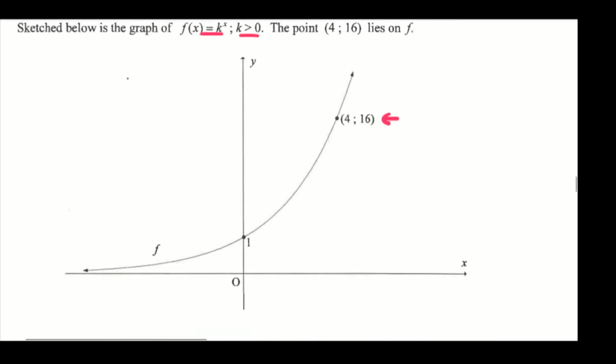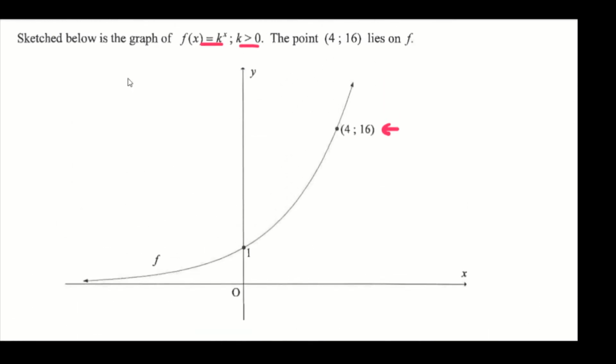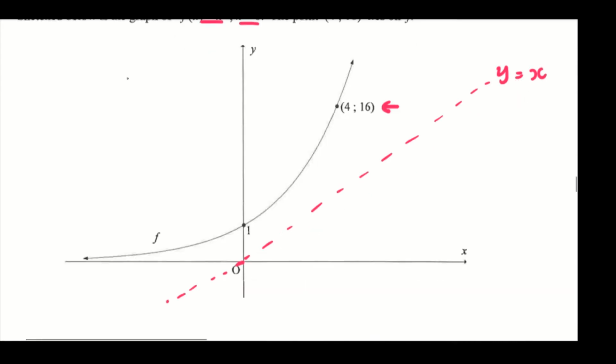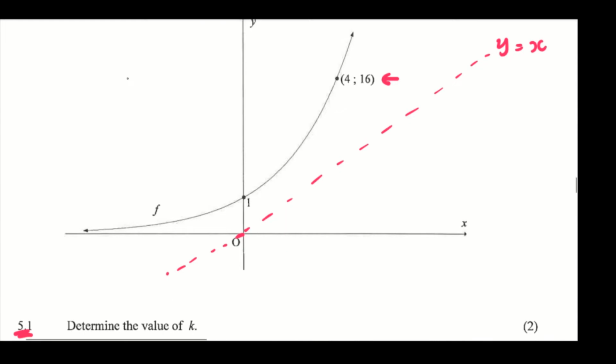So this graph of g that the question talks about is reflected about this line y equals x. What's going to happen is the reflection is going to cause this coordinate (0, 1) to become (1, 0), and this coordinate (4, 16) is going to become (16, 4).